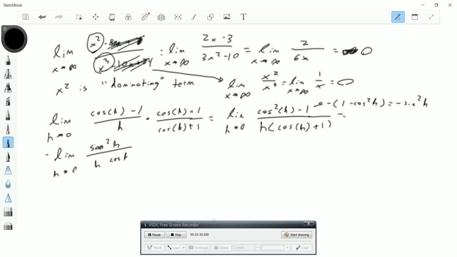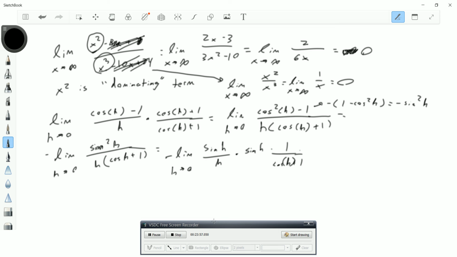Now this is equal to the negative of the limit as h goes to 0 of sine of h over h times sine of h times 1 over cosine of h plus 1, which is equal to, now we can just directly substitute.